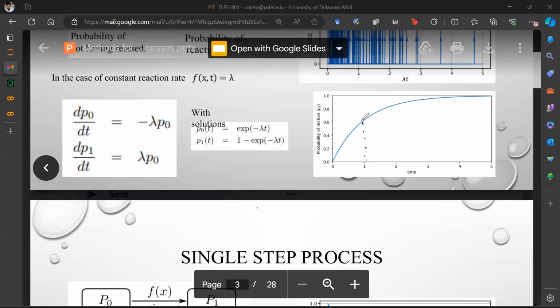At time 1, 0.6 something is gonna be the probability of having reacted at time 1. The probability of having reacted at time 2 is 0.8. It means that in this case, 80% of the trajectories occur, or reactions occur, between 0 and 2. If you have this probability, 60 something percent of the reactions occur between 0 and 1.